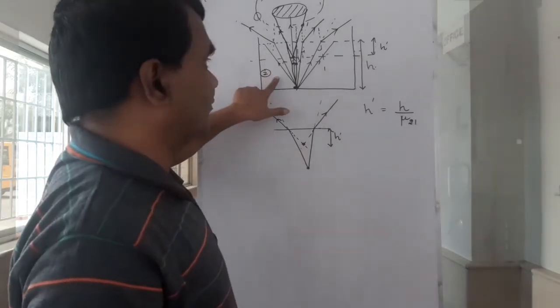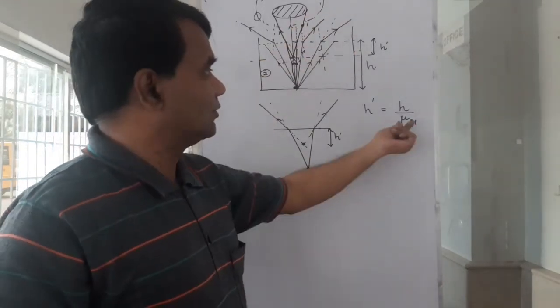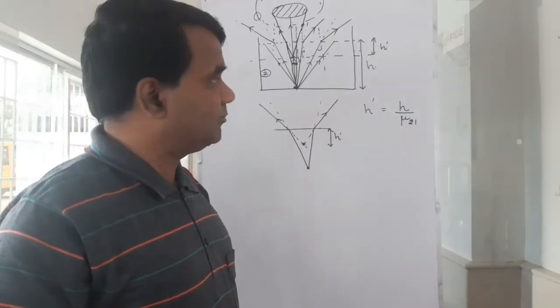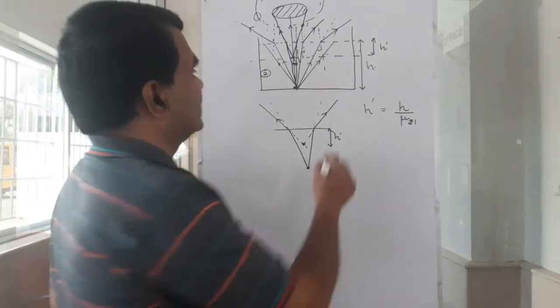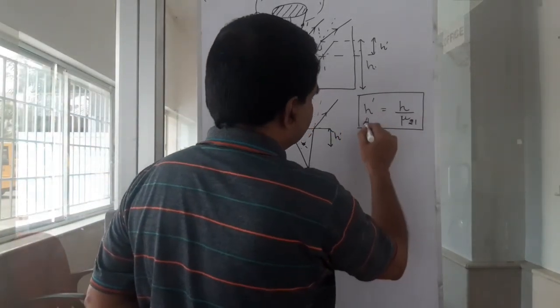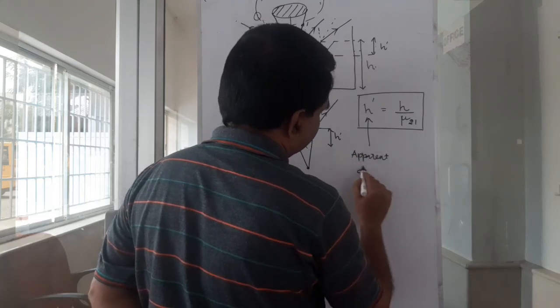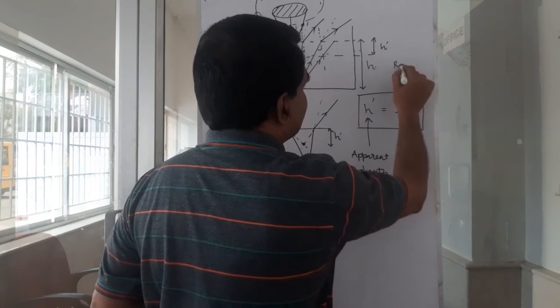This is 2, the refractive index of this medium with respect to that medium. That's what we'll see. I hope you are able to understand this. So this is the apparent depth, and this h is the real depth.